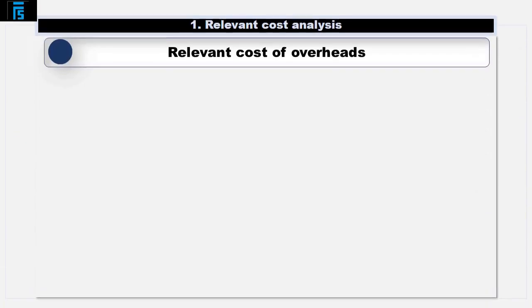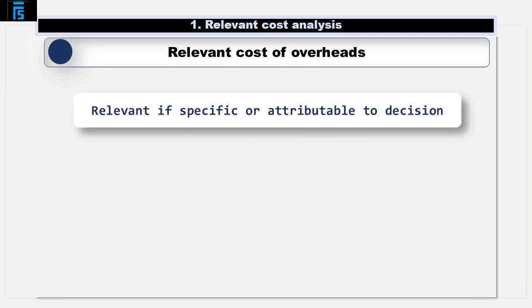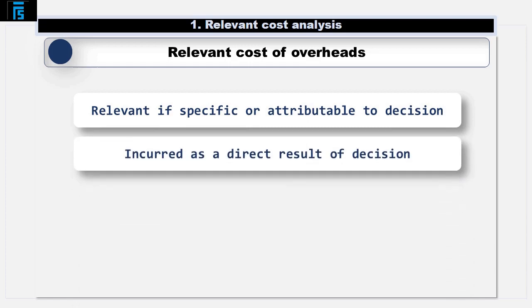Let's consider relevant costing in relation to overheads. An overhead is a relevant cost if it is specific to or attributable to the decision being considered by the company. So, a variable overhead or a fixed overhead, which are incurred as a direct result of the company's decision to undertake a particular job, are considered to be relevant costs.